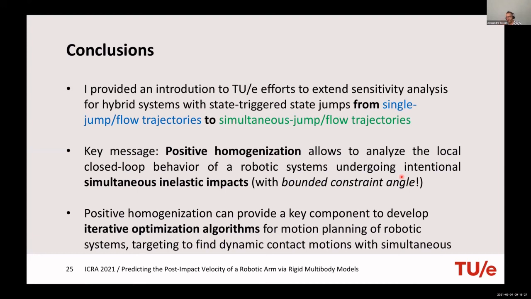So don't think that it holds for all situations. This positive homogenization can also provide a key component to develop, for example, iterative optimization algorithms. If you have gradient-like methods, you can use these kinds of tools to find the descent direction. I'm really interested in exploring these tools for motion planning of robotic systems, for example. And on this, I would like to conclude and thank you all for your attention.